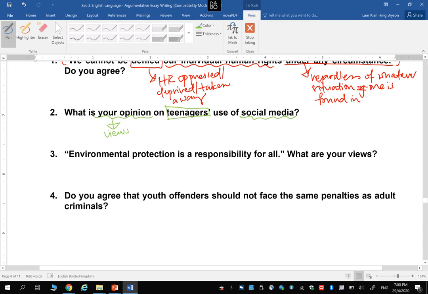Teenagers will be a scope. It means that when it comes to teenagers' use of social media, what is your view on it? Your examples must relate to teenagers.